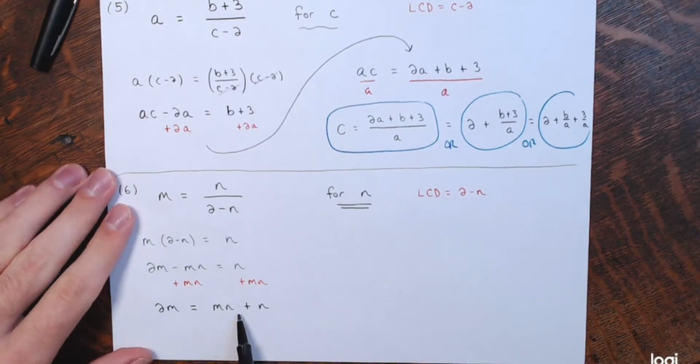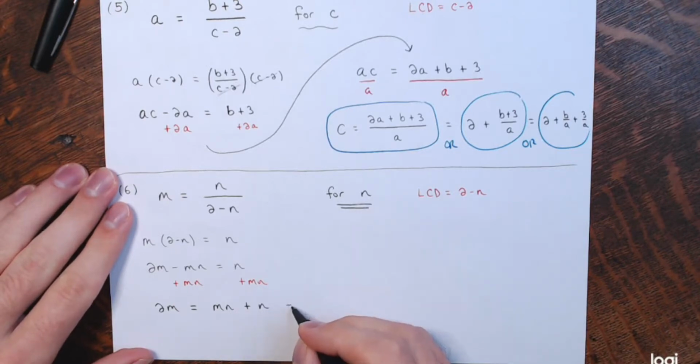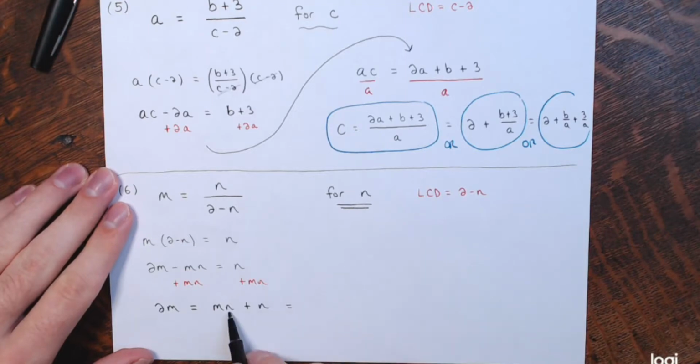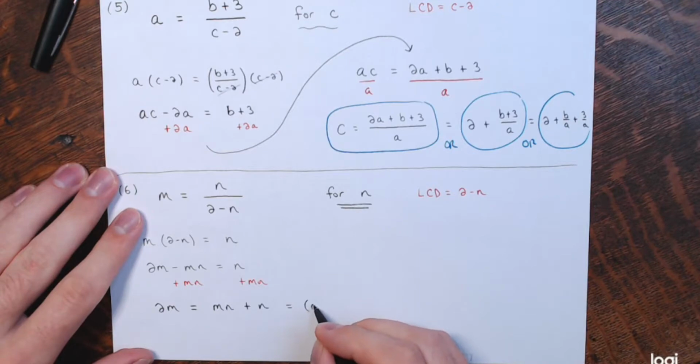Once all the terms with the variable I want to solve for are on the same side, we can combine them. These are technically like terms in n. They both have n, so you can put them together. This is mn plus 1n, or the quantity m plus 1 times n.